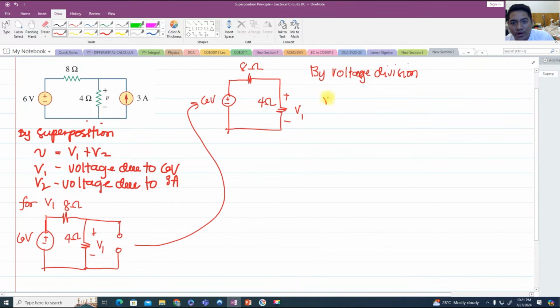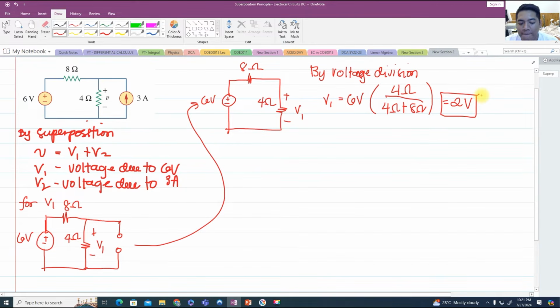So V1 would be the 6 volts multiplied by 4 ohms over 4 ohms plus 8 ohms. In this case, that would be 2 volts. Now, 2 volts is not the answer. That is the voltage due to the 6 volts, which is what we have solved.